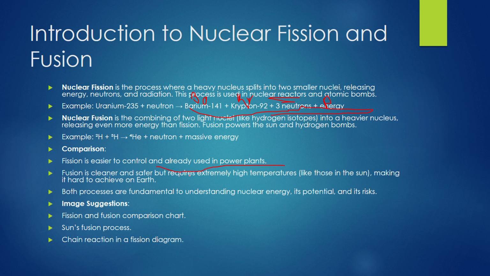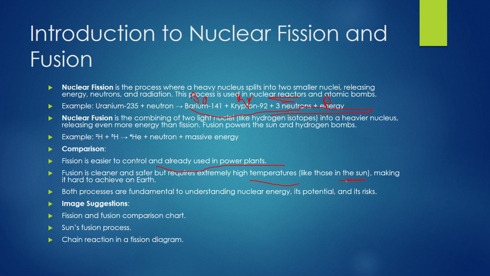Fusion is cleaner and safer but requires extremely high temperatures like those in the sun. There may be a question: what type of reaction happens in the sun? You may be given an option with fusion and fission, or there may be a direct one mark question.